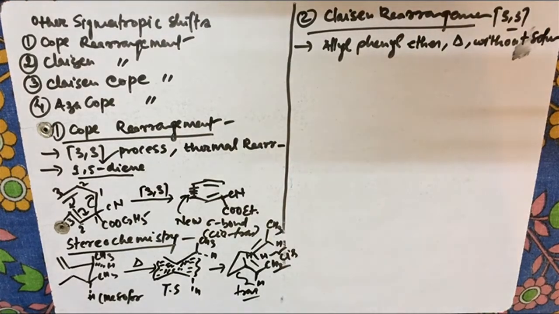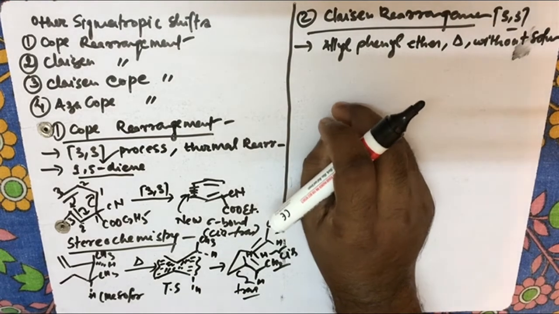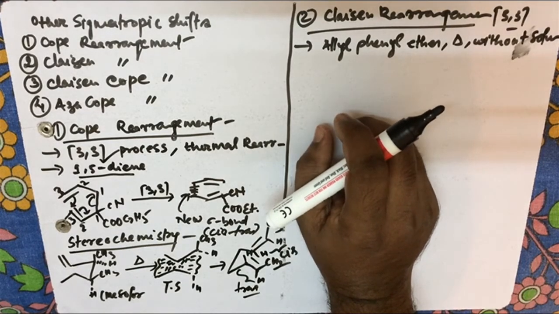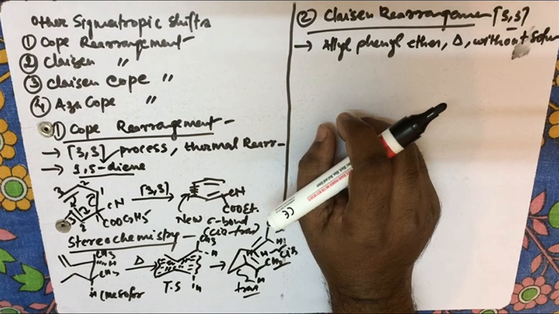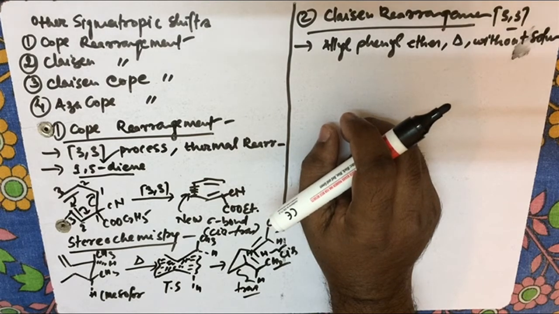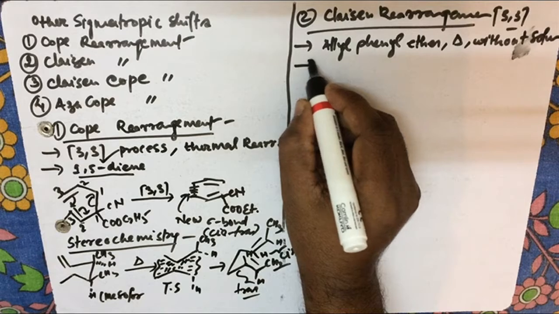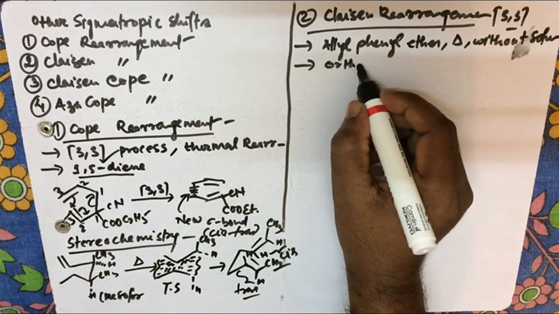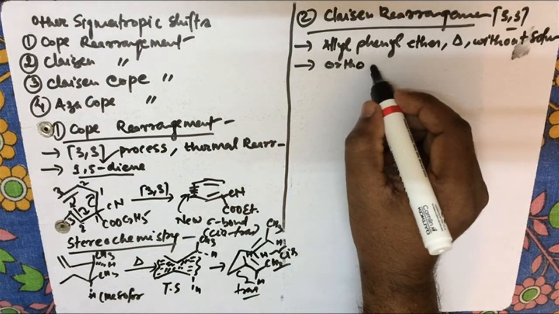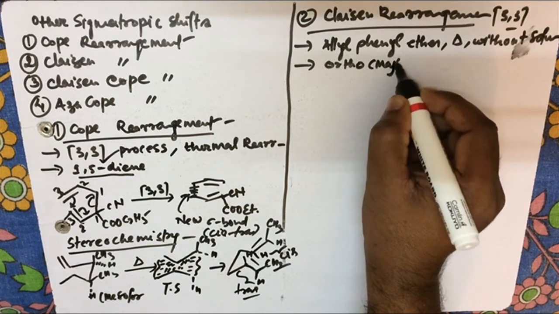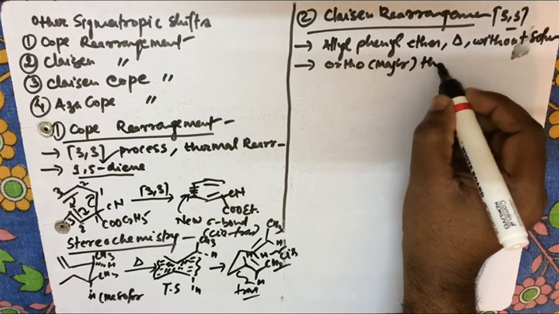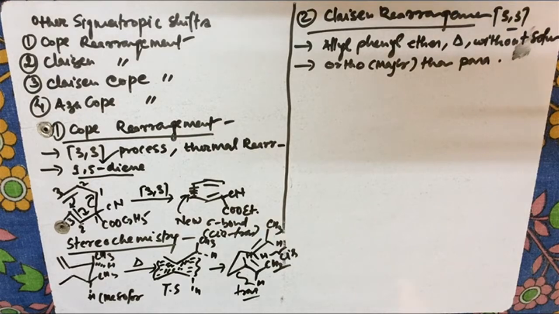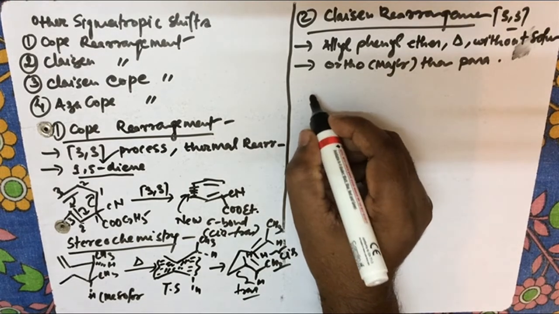This is the first condition for the Claisen rearrangement, and it will form the ortho and para products, but the ortho product will be the major product, then para.